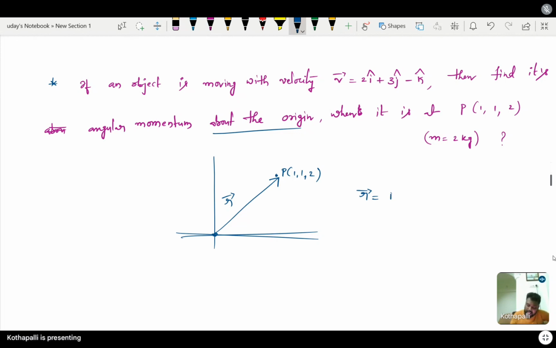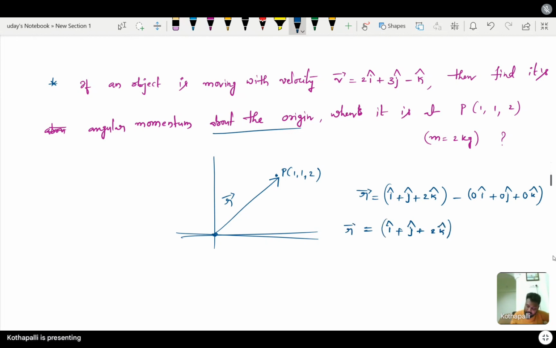That is nothing but i cap plus j cap plus 2k cap minus 0 i cap plus 0 j cap plus 0 k cap. Originally, no. So which is nothing but i plus j plus 2k.